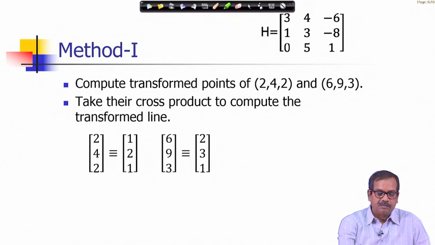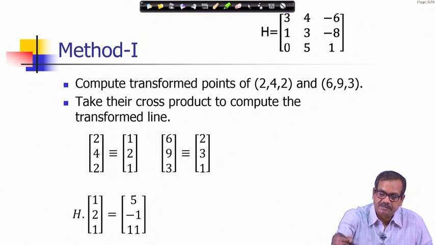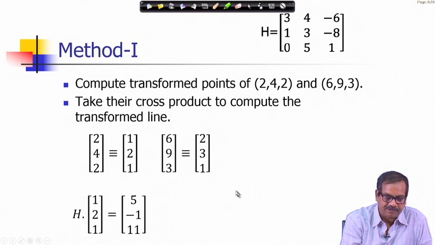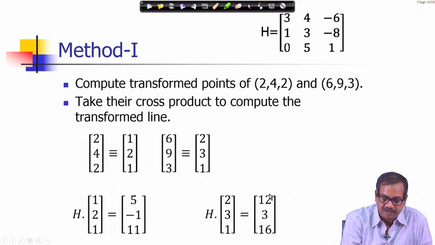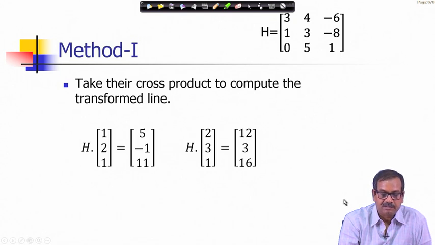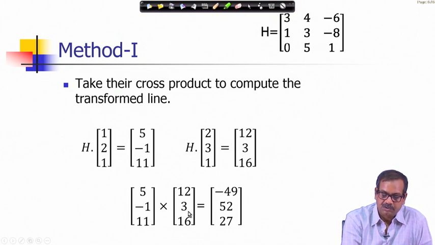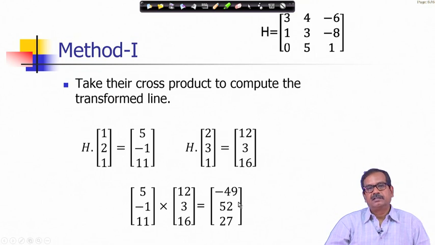Now, you transform 1, 2, 1 and 2, 3, 1. So, if I transform 1, 2, 1 by multiplying this matrix, then you will get this point 5, minus 1, 11. You need to check when you multiply it, and if I multiply 2, 3, 1, then you will get the coordinate 12, 3, 16. Now, what you should do, that you have to take their cross product to compute the transformed line. So, you perform the cross product of these two and you can find out that the result would be minus 49, 52, 27.